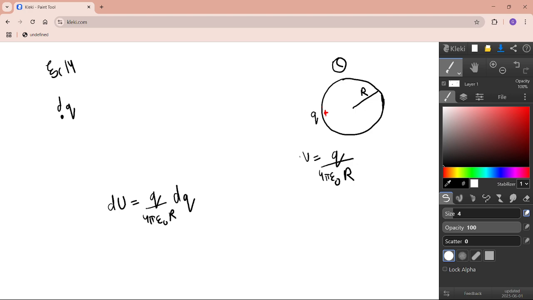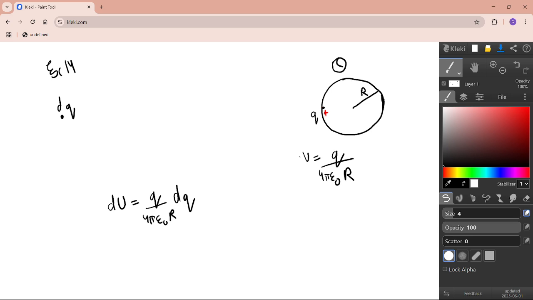And why so? You may say that bringing this charge from infinity to here could increase the potential of the whole system. Well, we're not talking about the potential by the whole system on some other point. We're talking about the potential by the sphere on this point charge. The definition of potential is the work done by the external force in bringing the charge from infinity to this point on the surface.